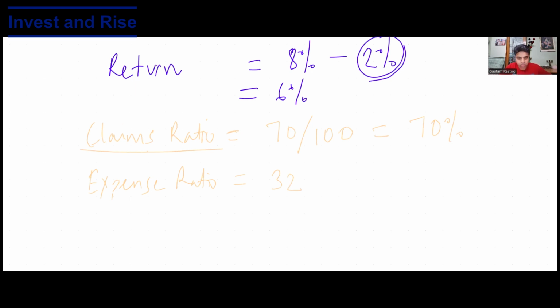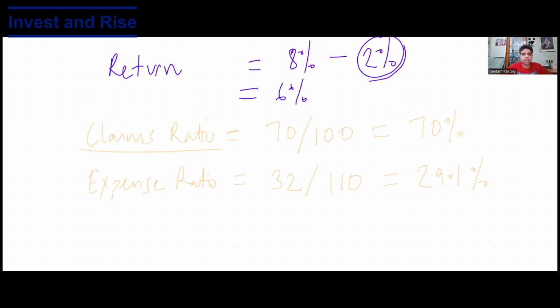In this case, when you're calculating expense ratio, it's calculated on NWP, net written premium, which is 110. So the expense ratio is 29.1%. Again, expense ratio is the portion of the net written premiums that are paid out in the form of expenses. That is called expense ratio.